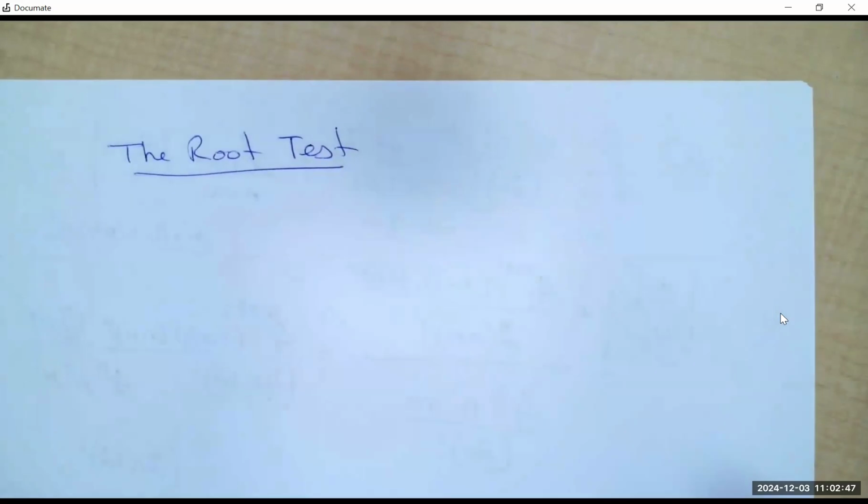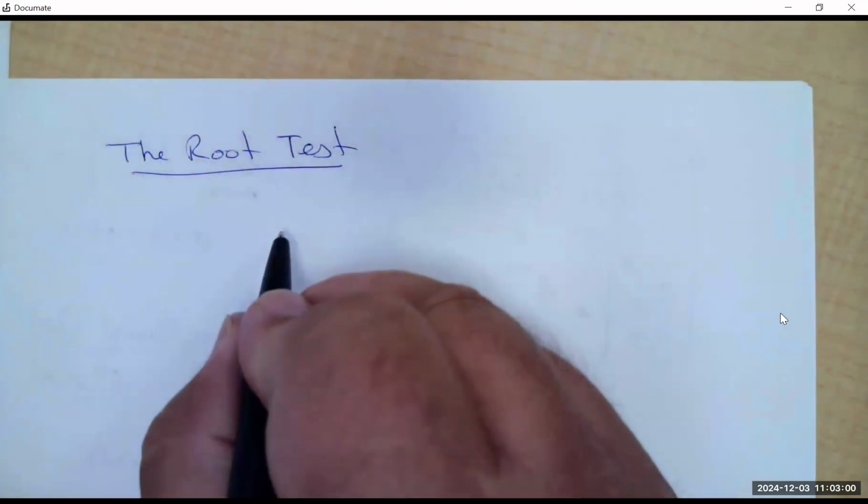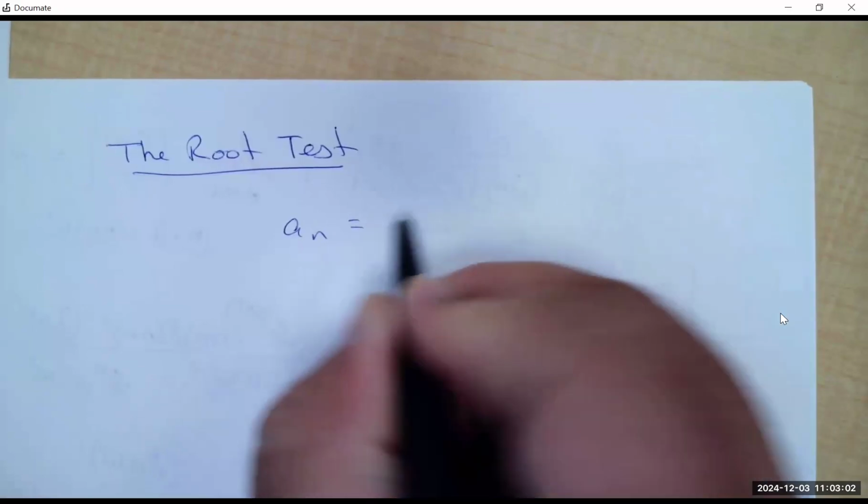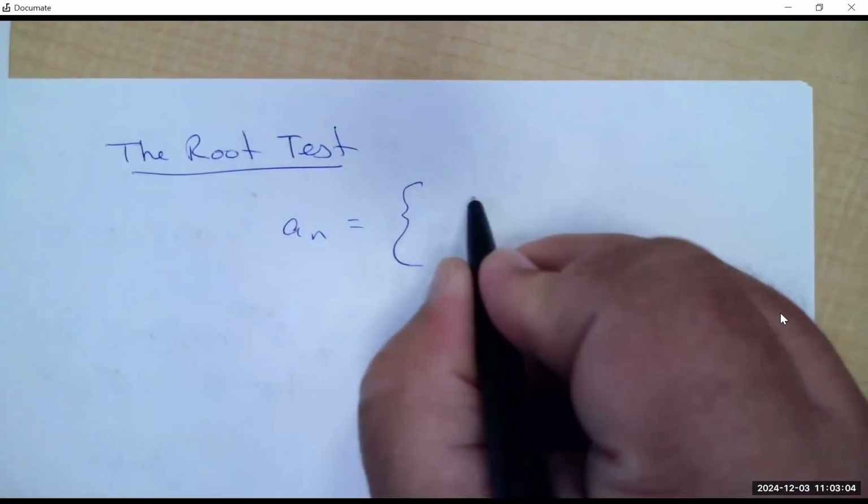Now what about the root test? This test is used whenever our sequences are not so straightforward.